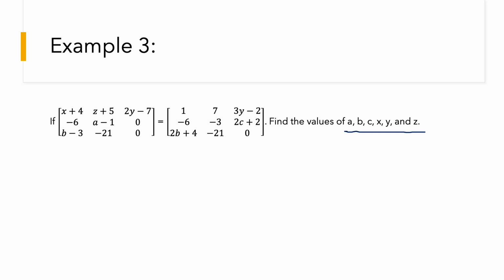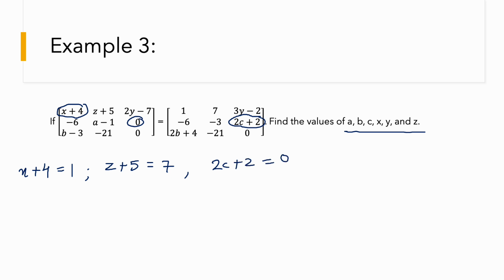So can I say x plus 4, which is basically the A11 element, has to be equal to 1, right? Similarly, can I say z plus 5 is equal to 7, right? And can I say this element, which is basically the A23 element, has to be equal to 2c plus 2? So I can write 2c plus 2 is equal to 0, right?